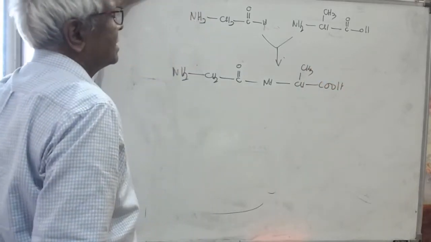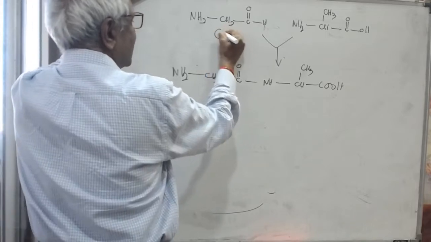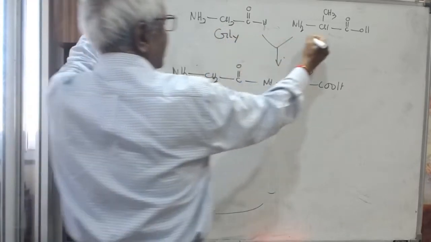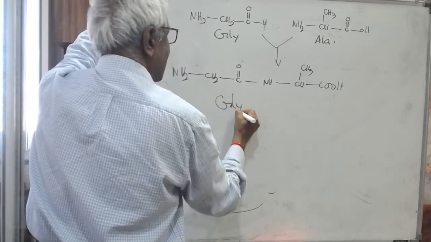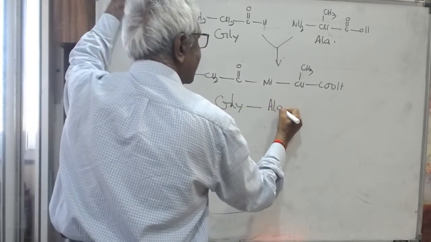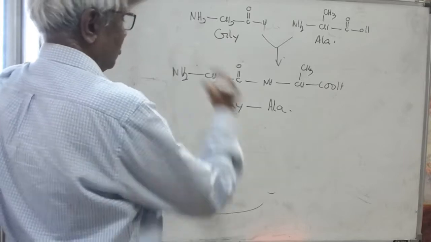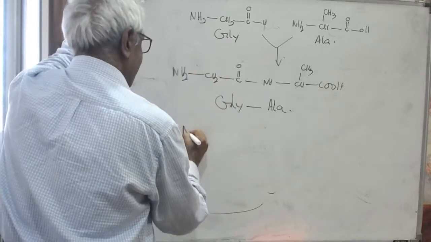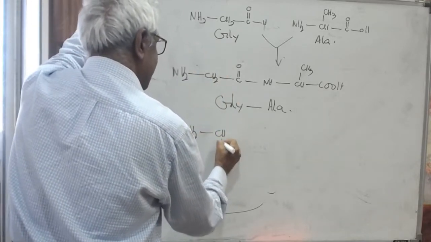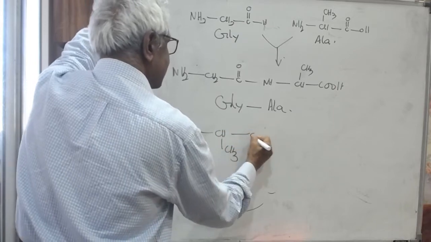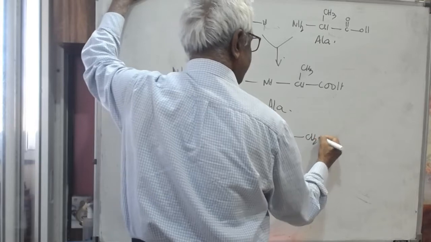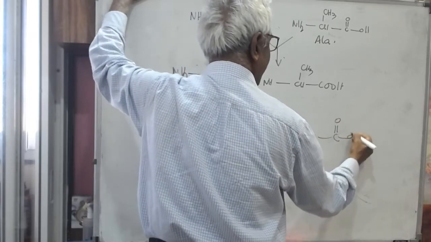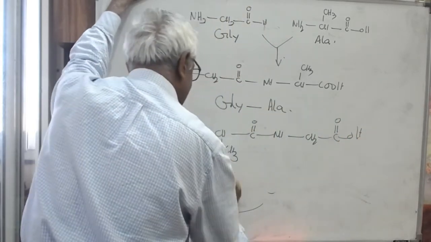To represent the dipeptide, this one is called GLY, this one is called ALA. So this is called GLY ALA. Now another dipeptide it can form is NH2CHCH3CO NHCH2COOH.